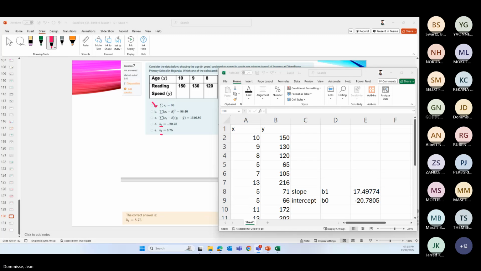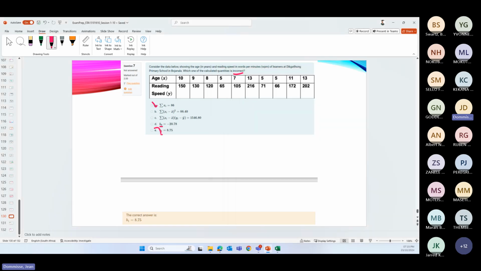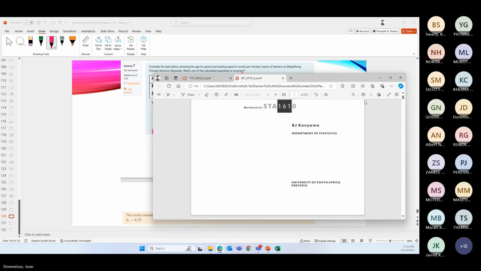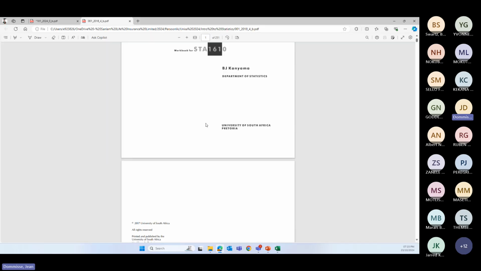In this study guide, let's quickly check. So we now know that that one is wrong. So let's just quickly check in the study guide which calculators they have at the back, because I know there is. So as that one downloads, let's quickly check here.